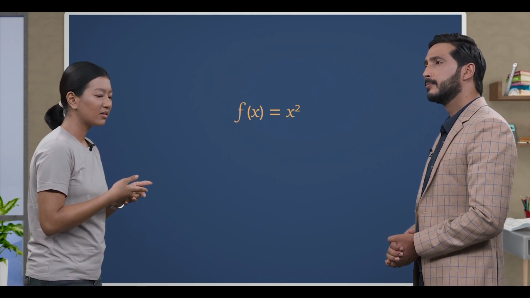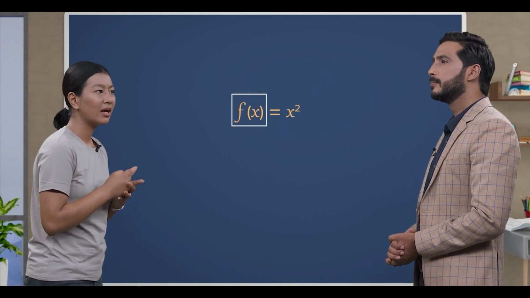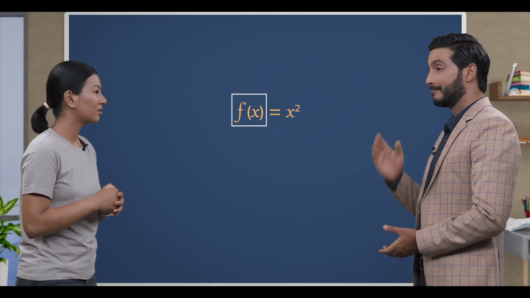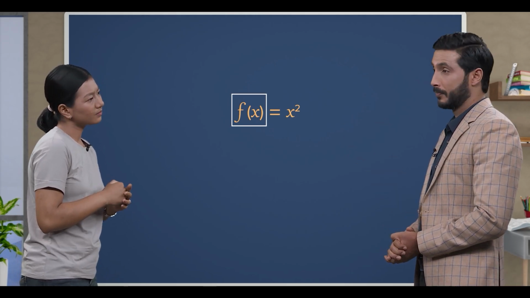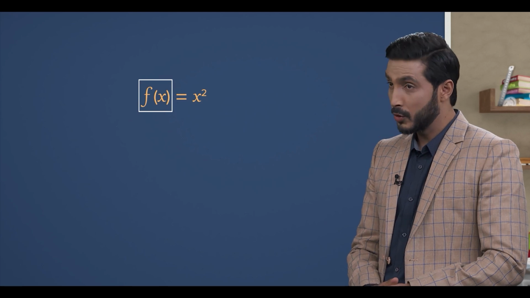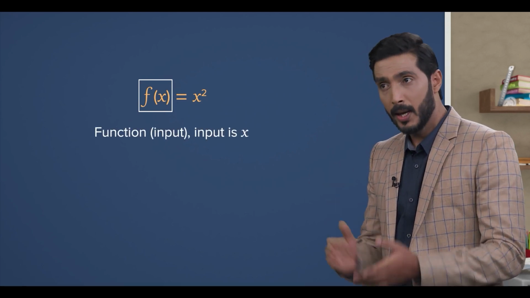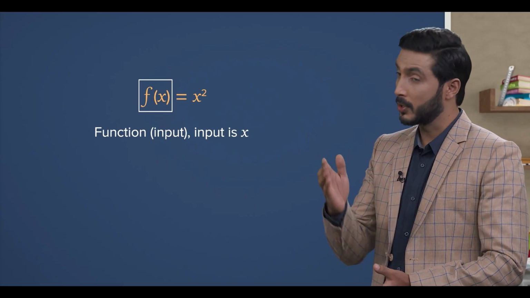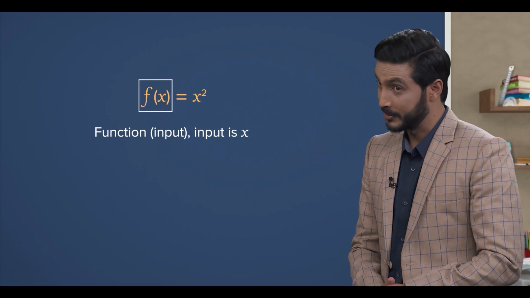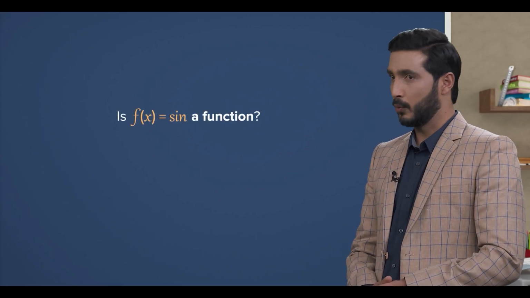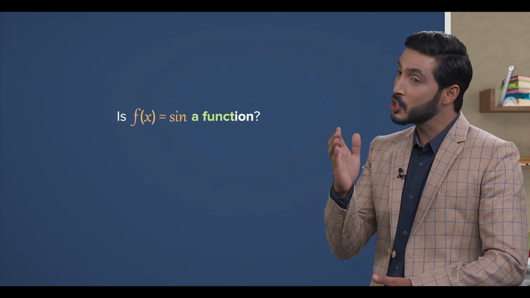Okay, but the first notation, f bracket x, looks like f times x. That's a common misconception. The first notation actually refers to a function f of input x. You can't multiply them together just because they look like two variables. I understand now. Then can you tell me whether f of x equals sine is a function or not?